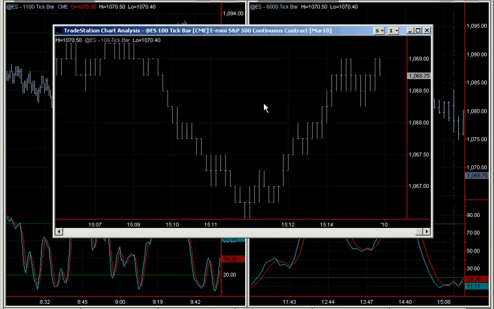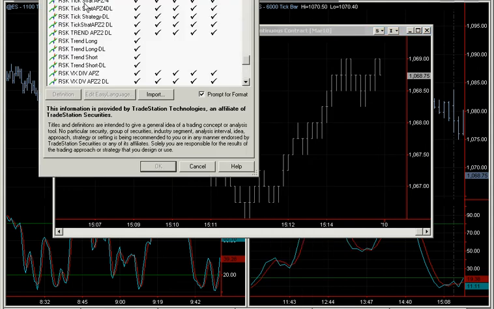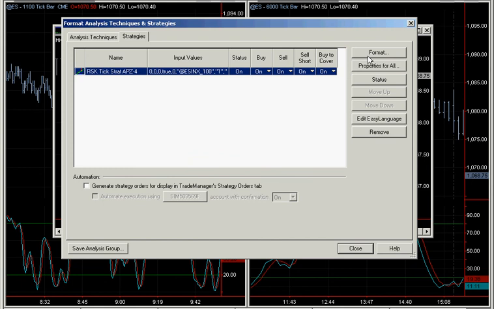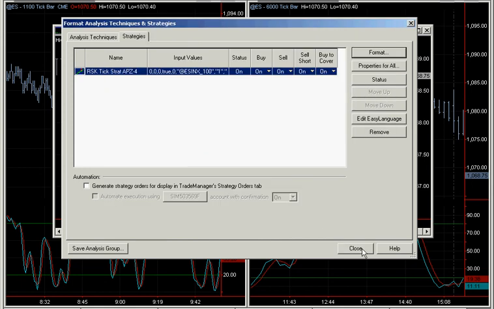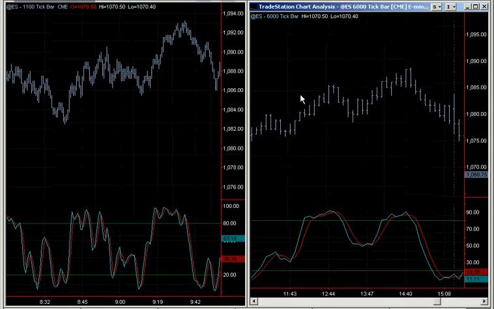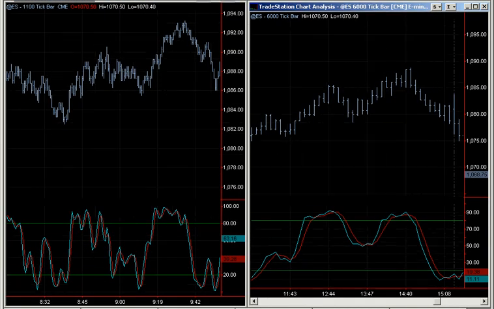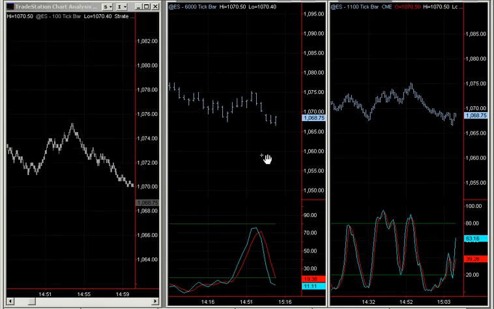Then just add the strategy and set it up. That's all you have to do. Now you've got all three charts on the screen, two for the sake of reference, one actually pulling the trades.